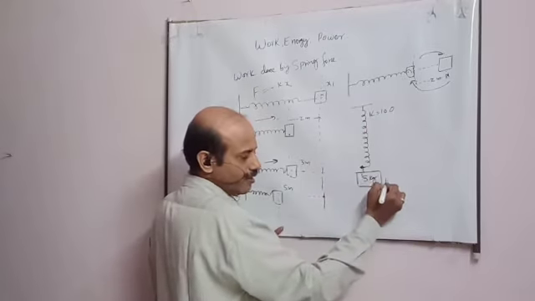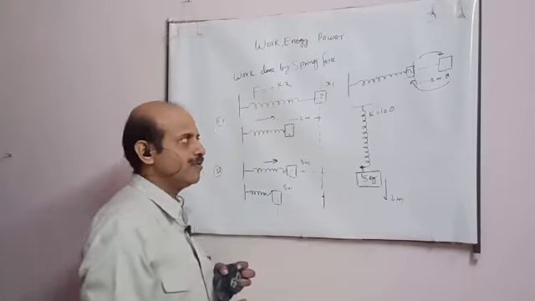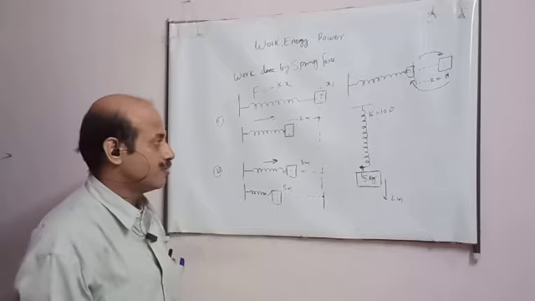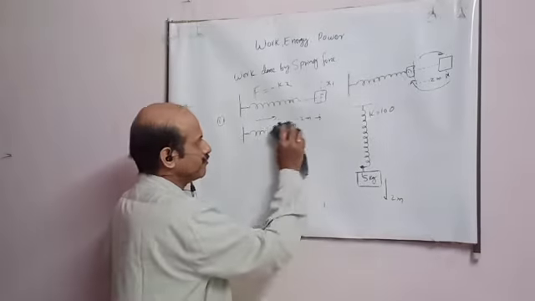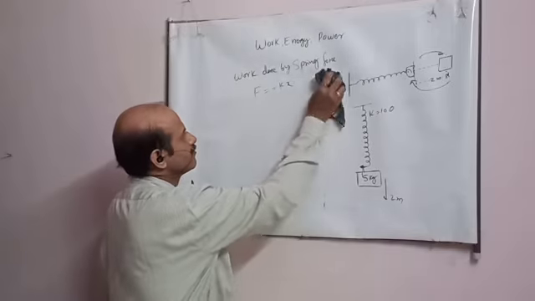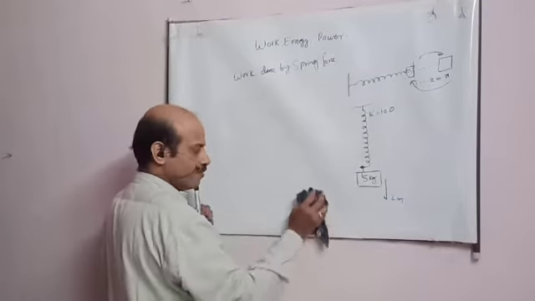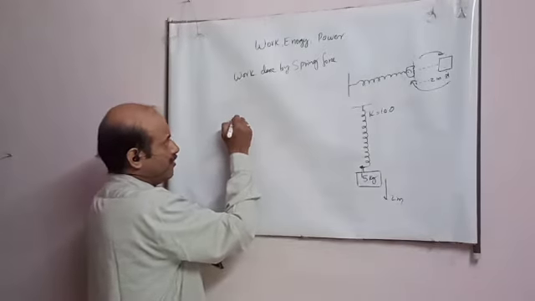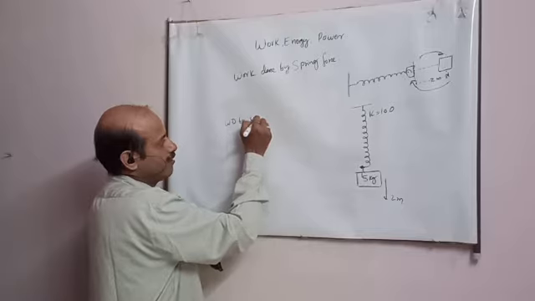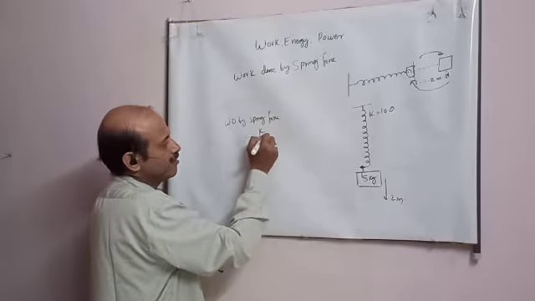From here the spring is elongated by 2 meters. How much is the work done, student? So here, student, you have to understand one thing. The formula which we know, the work done by spring force is this.